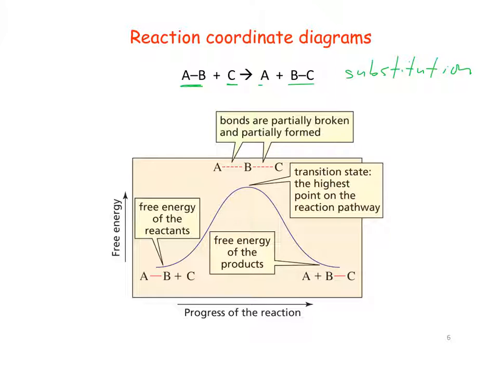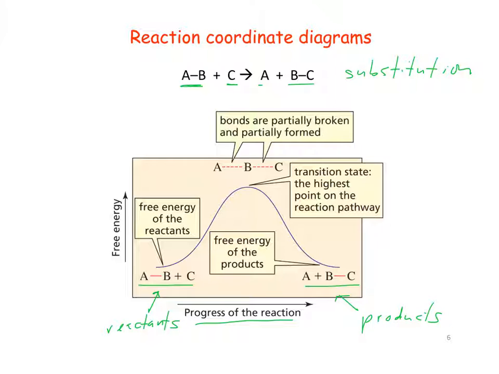All right, and so our reaction coordinate diagram shows us a couple of different things here. All right, it shows us here on this side, these are the reactants. And this is the reaction progress, so we're going from reactants to products on this side.